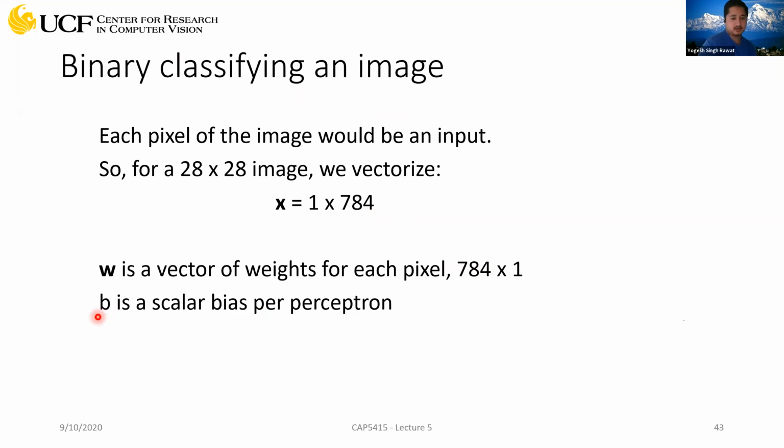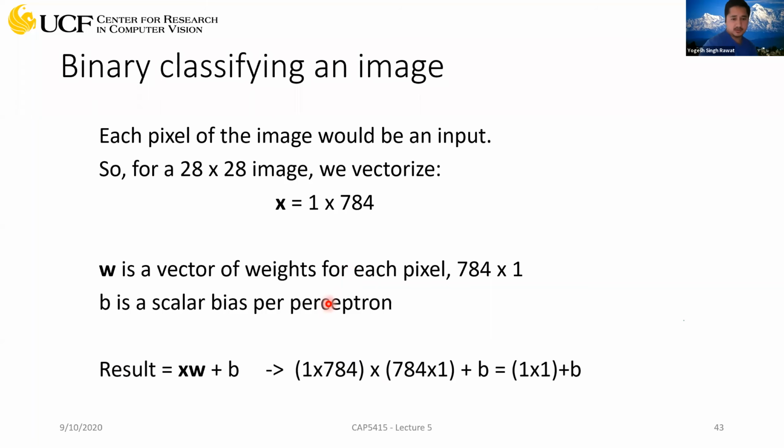And you need a scalar bias per perceptron, which will be added to the value which you will get after doing a dot product between these two. So the result will be this. You have this matrix multiplication here, or a dot product, and then you will add this bias term. So this is your first matrix, your input x.